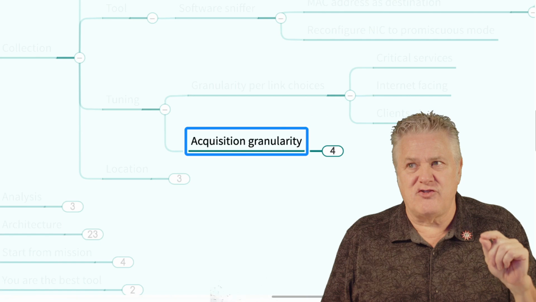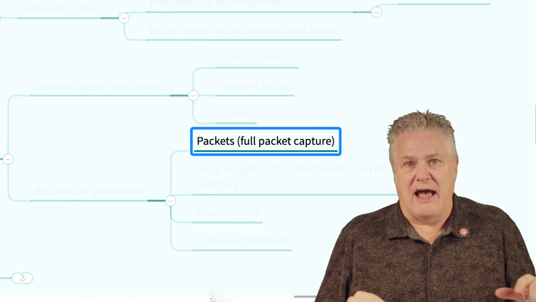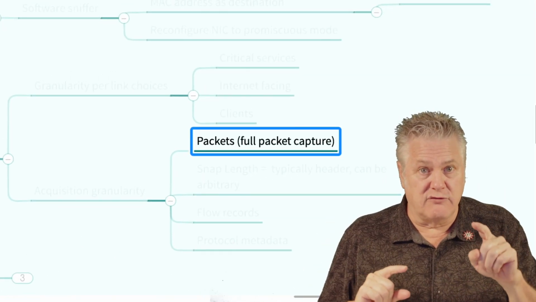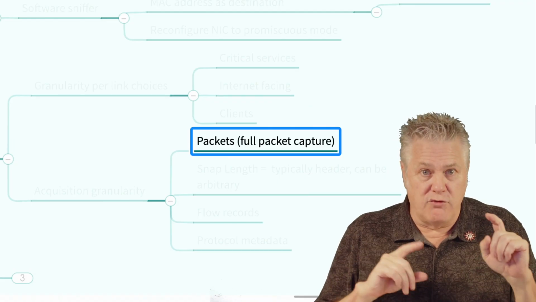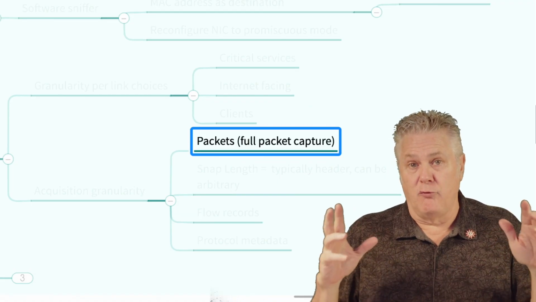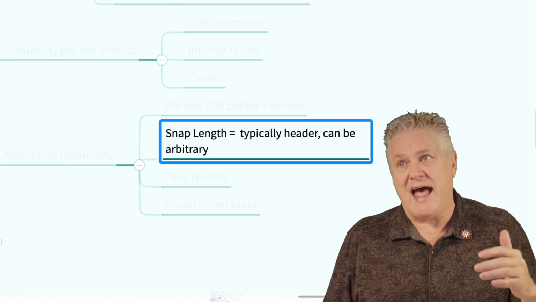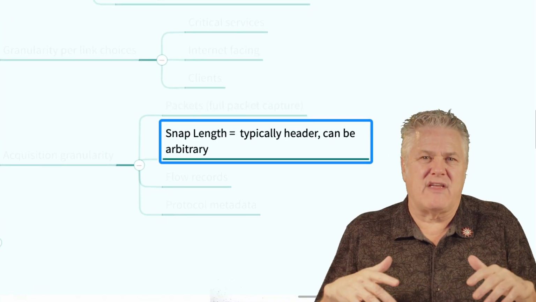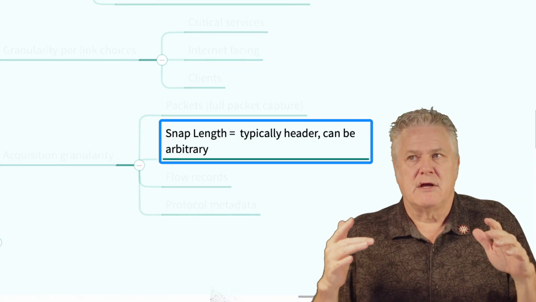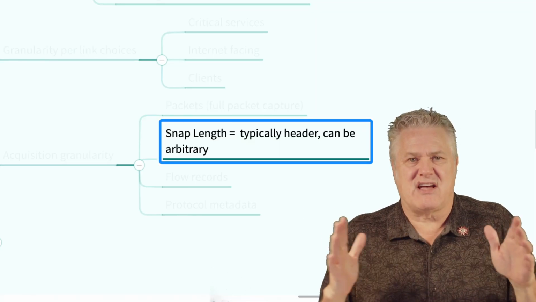There is an acquisition granularity that goes in here, and that is based on those devices that we're choosing. On those per links, we could do full packet capture, which is really expensive. We could do something called snap length, which is typically the header. They say it's the first 64 bytes, but you could arbitrarily make that any size that you want to.